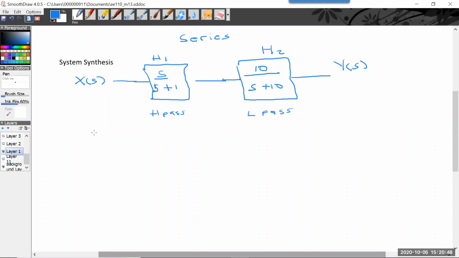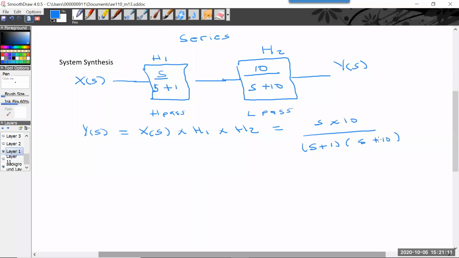So really the output equals the input times H1 times H2, right? And so we would get that configuration.